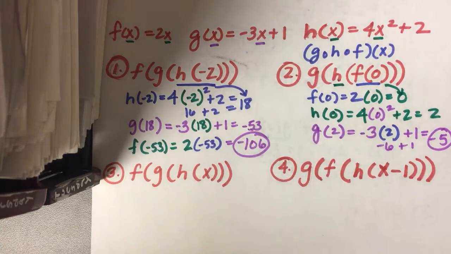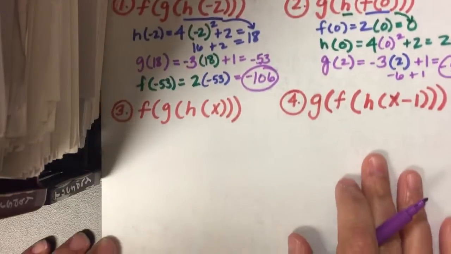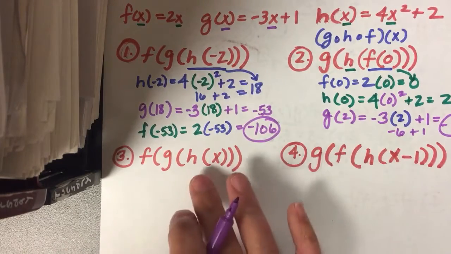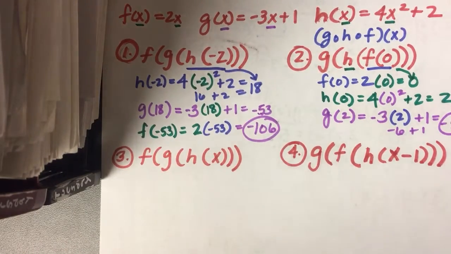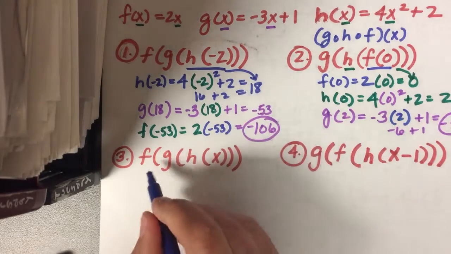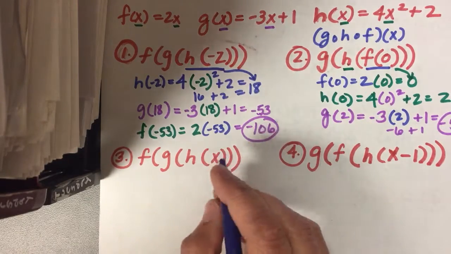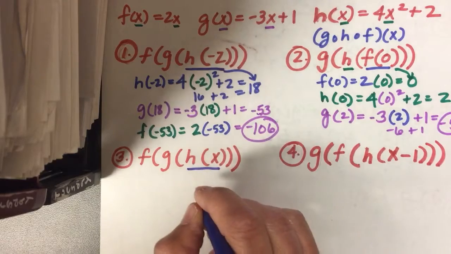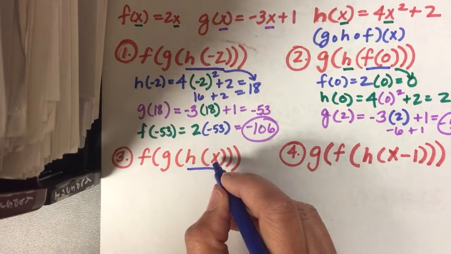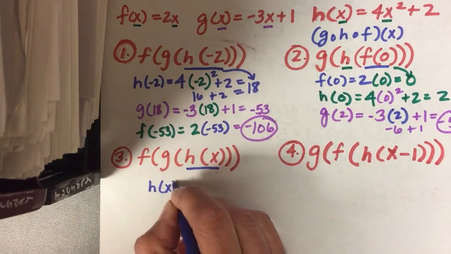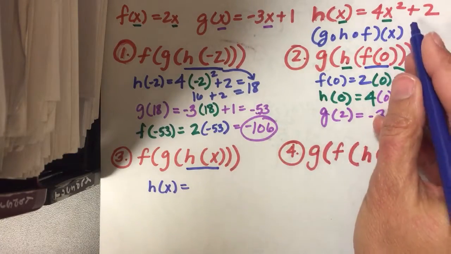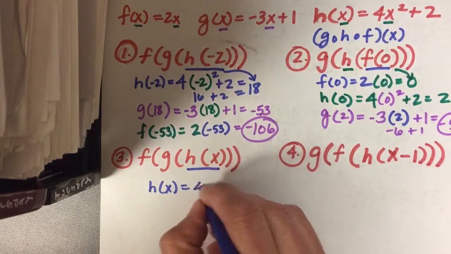Now, sometimes you're not going to have a constant in here. You're actually going to have an algebraic expression. So let's look at this one. I've got f of g of h of x. So let's go inside out. H of x. Well, I'm not plugging anything in. H of x is just h of x, and h of x is 4x squared plus 2.